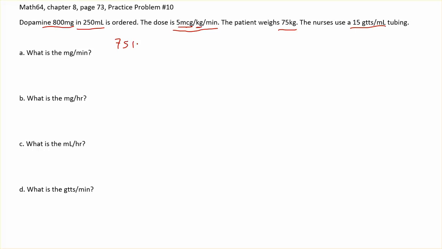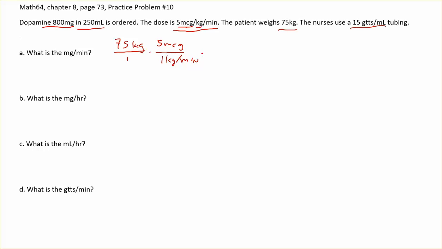I'm going to set up a conversion chain. I am not going to do the problem the way your text does. So there's the weight, and then I'm going to make use of this information right here: 5 micrograms, and that's per 1 kilogram per minute.